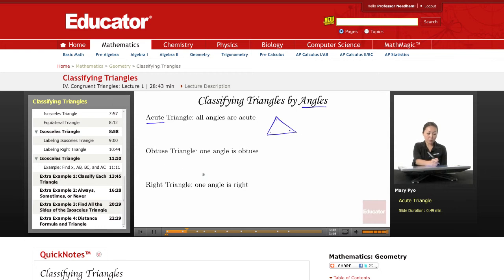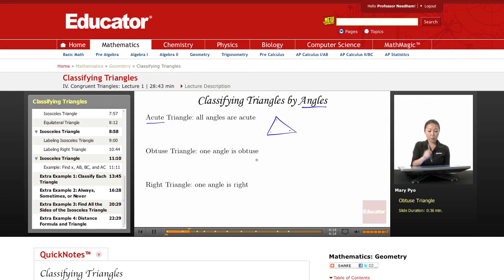Okay, the next one, obtuse triangle. One angle is obtuse. Now, all triangles have at least two acute angles. So the way we classify these other ones, like for this one, an obtuse angle is an angle that measures greater than 90, right?